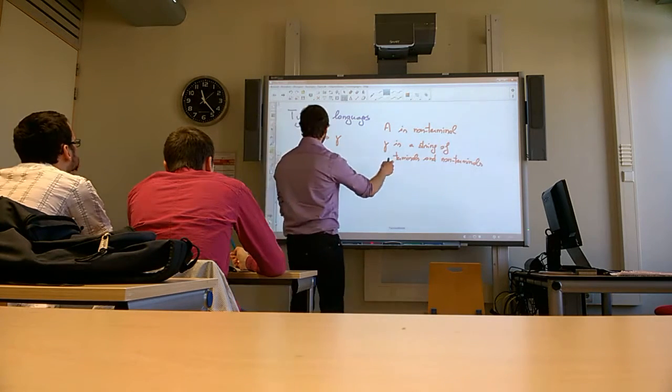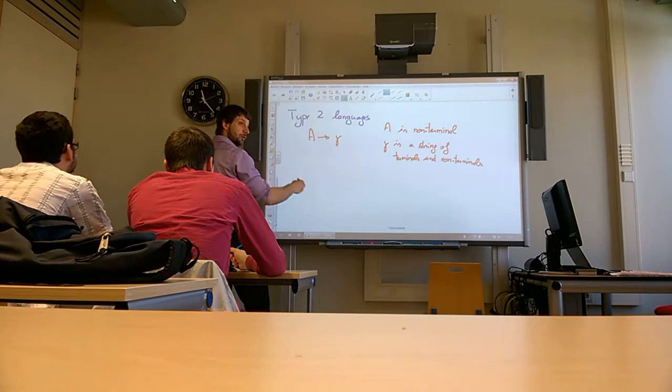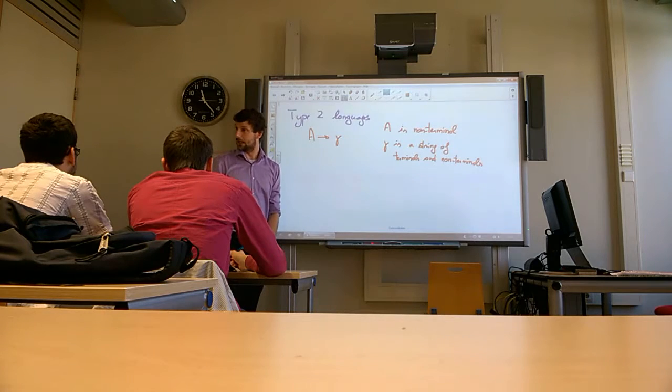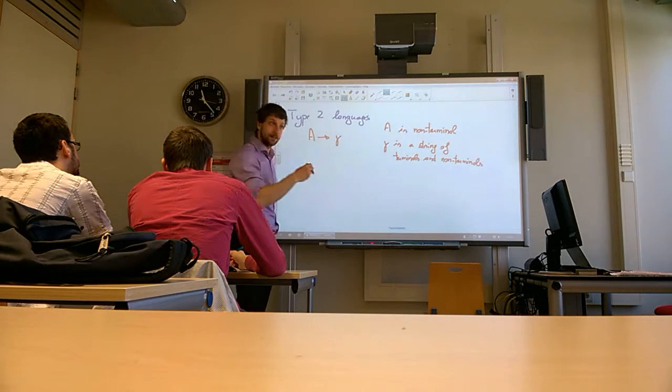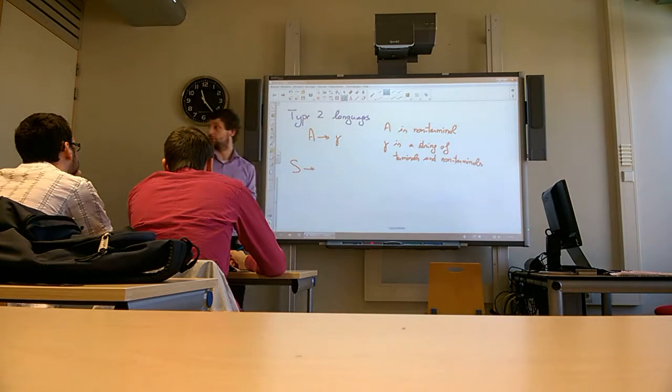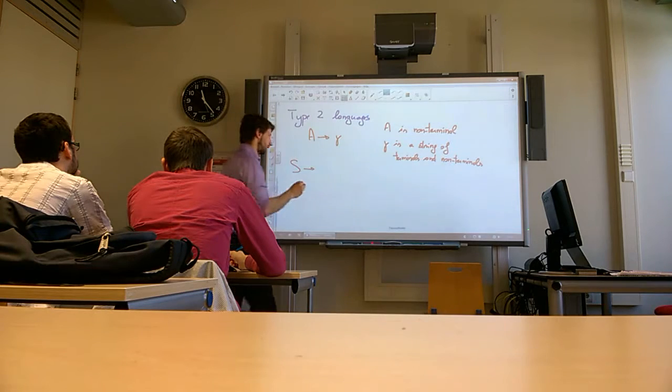So an example of a type 2 language might be something that reads arithmetic expressions. So S can be, oh wait a second, no, this is cute, parenthesized expressions.